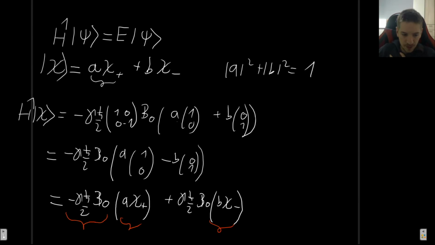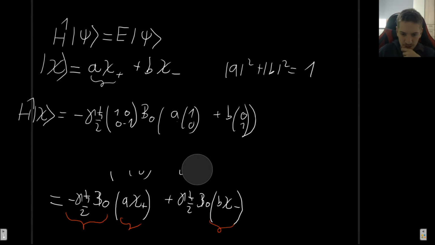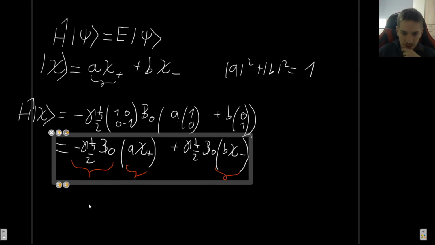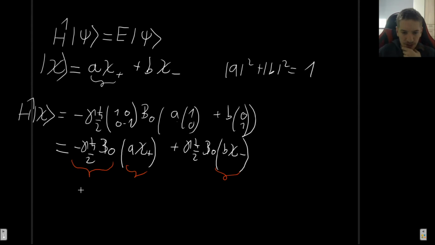So the energy, I need more space, but I don't want to go to the next page, so I will delete this. Okay, so this right here is going to be the energy for the up state, and this right here is going to be the energy for the down state.